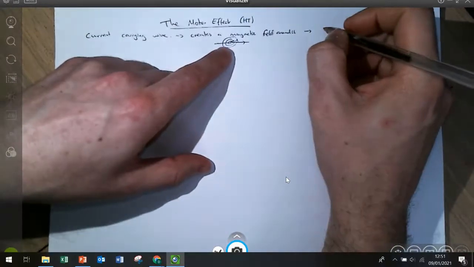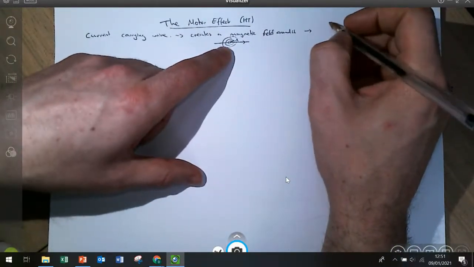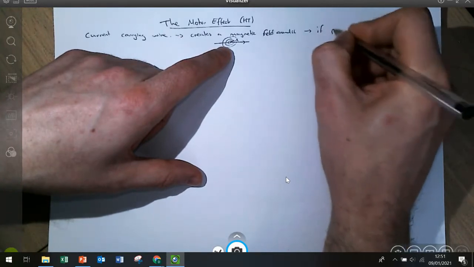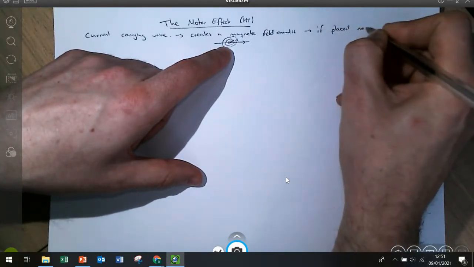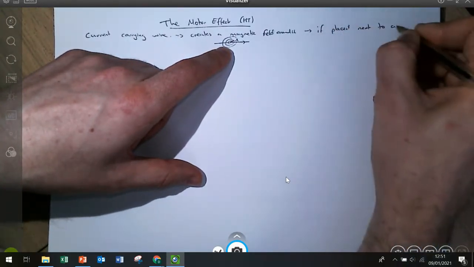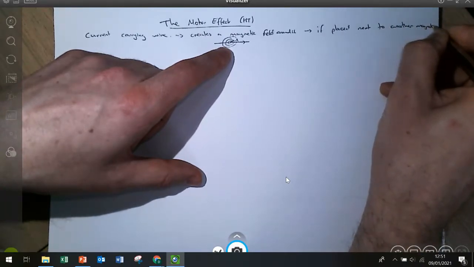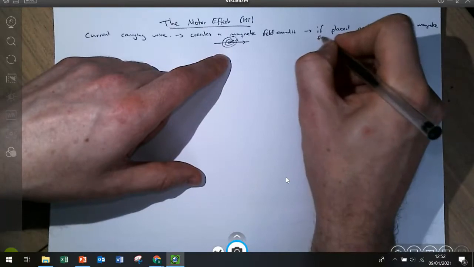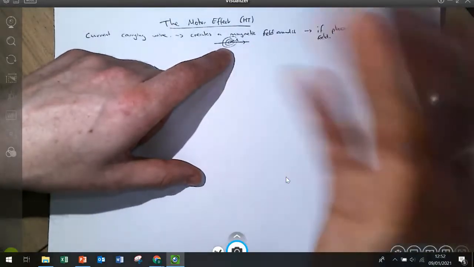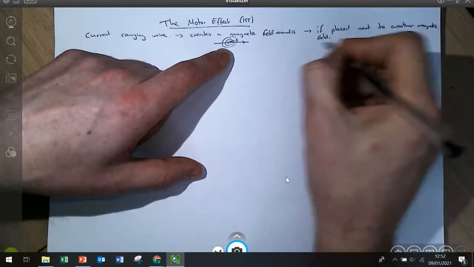If this is placed next to a permanent magnet, or I'm just going to say another magnetic field, because it doesn't necessarily have to be a permanent magnet, it could be an electromagnet. What will happen then?